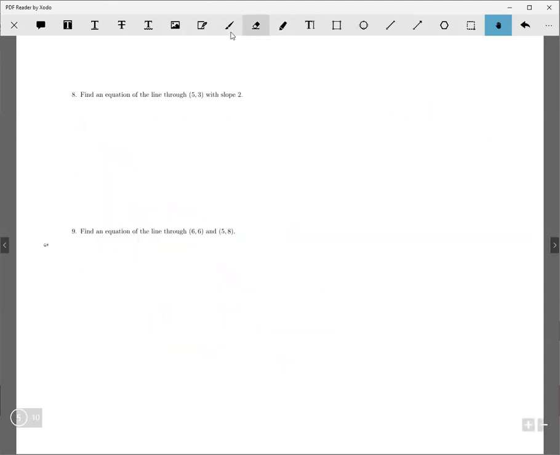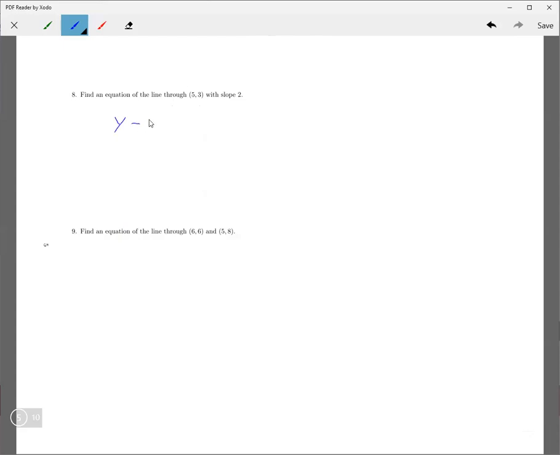Okay, number 8. Here we get into finding equations of lines with specified things. So that it goes through that point and has slope 2. For this one, we can use the point slope form of the equation of a line and then just plug in the values. So that's x0, y0, and that's m.